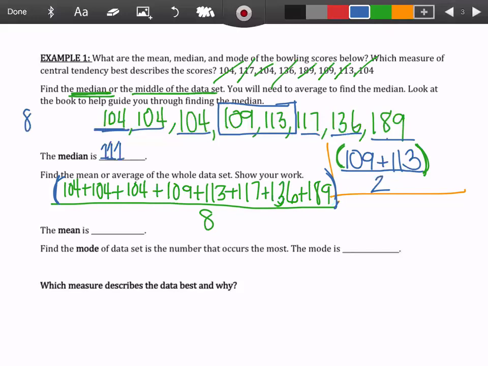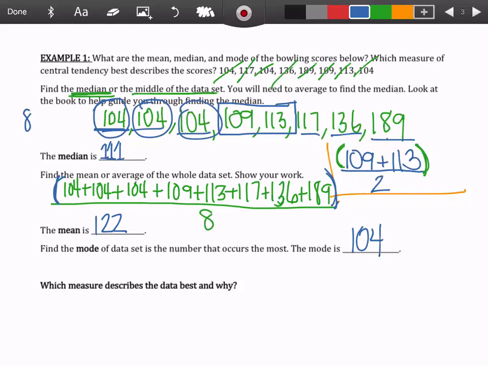But if you do that, you should end up with 122. And then we're going to find the mode of the data set, and that is the number that occurs the most. The mode here is 104. It occurs 3 times. So it is the number that occurs the most.